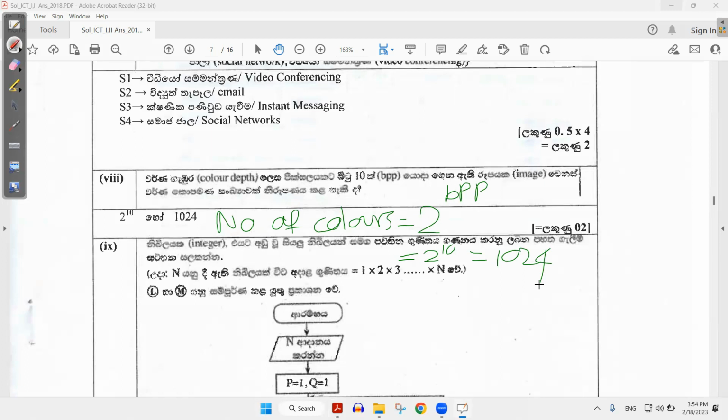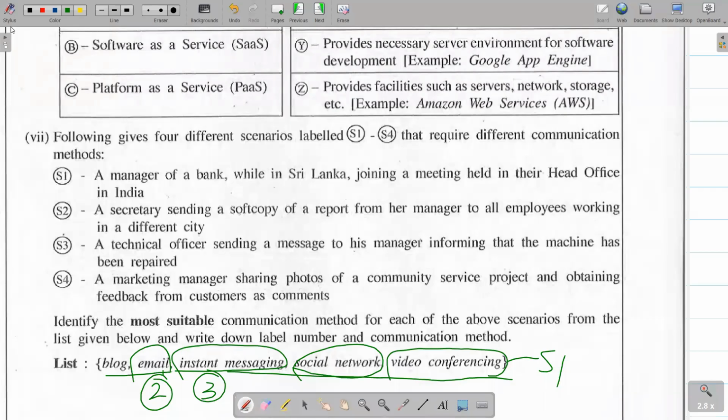Right. And in the 9th, they have given you a particular flowchart, and I'll go through the paper since this is in Sinhala.